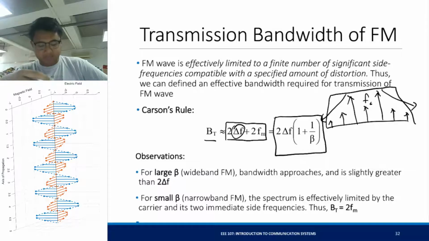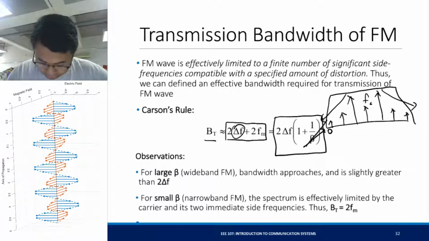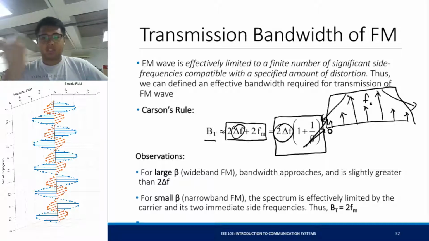Some observations: for large beta, or wideband FM, the bandwidth approaches, and is slightly greater than, 2 delta f. If beta is very large, then 1 over beta is approximately 0, so the bandwidth is something slightly larger than 2 delta f.